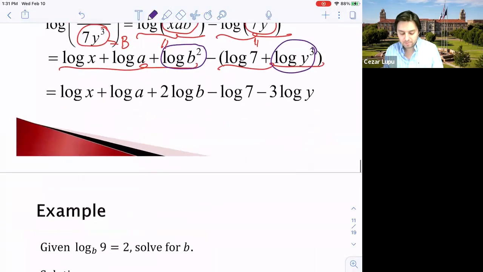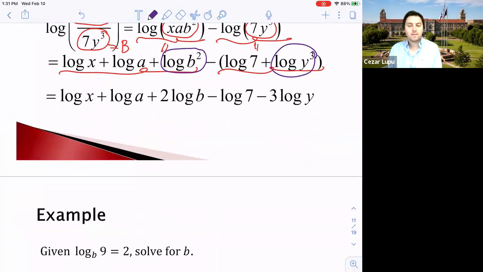Let's see another example. And this example will look like this. So, given the fact that log in base b of 9 is 2, solve this for b, find b. So let's see, how would you approach this?